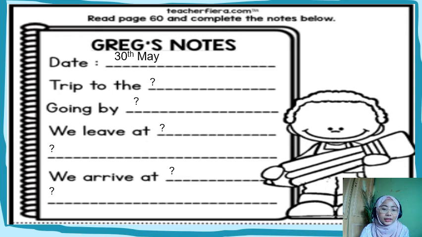This is how you answer it. Look at page 60 and identify the date, the trip to where, going by, what time they leave and what time they arrive. Everything is stated in the text, so refer to it.